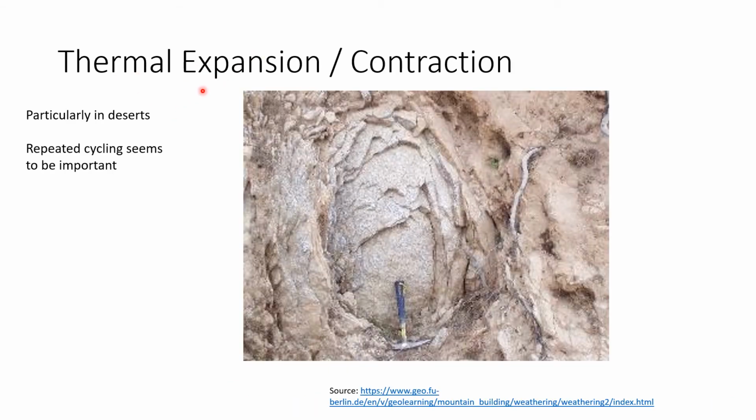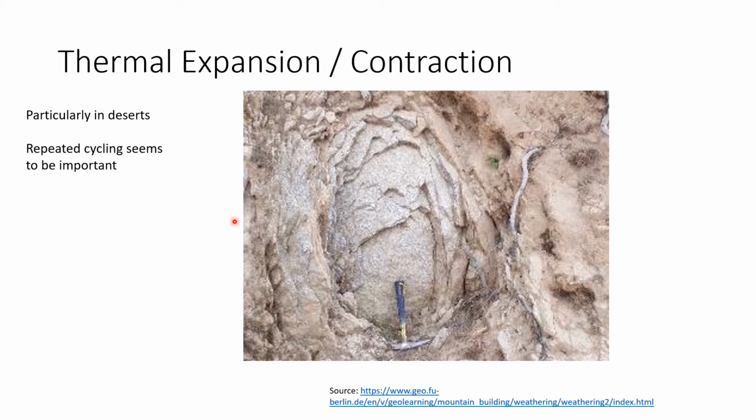And just like with the pressure relief, you can do a very similar thing with thermal expansion and contraction. I think this is most important in deserts where you don't have much other chemical weathering going on. So you have a rock, and you can repeatedly increase and decrease temperatures, especially in a desert where those swings can be so extreme.